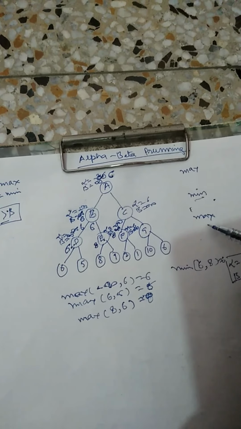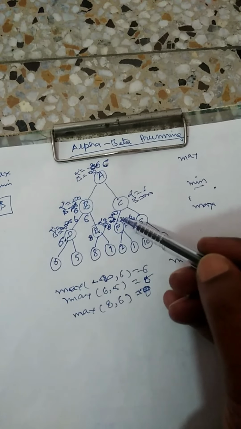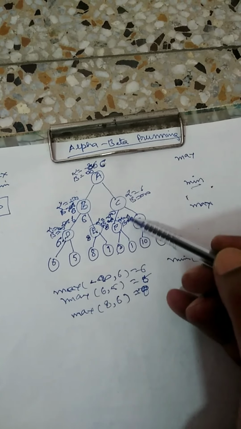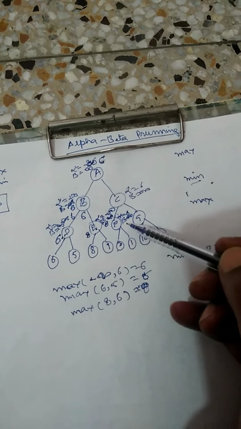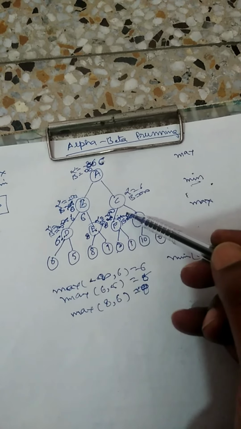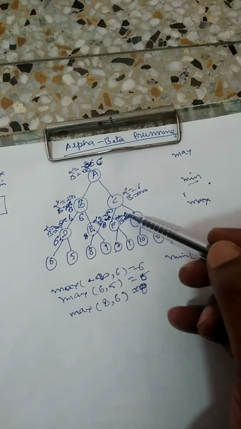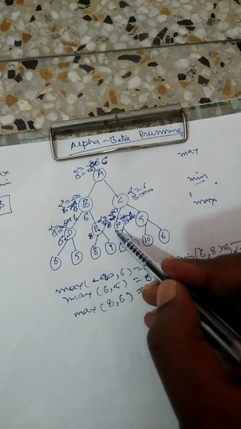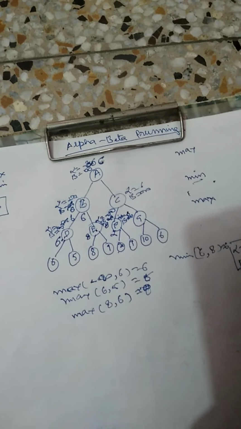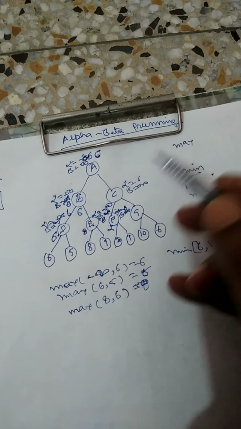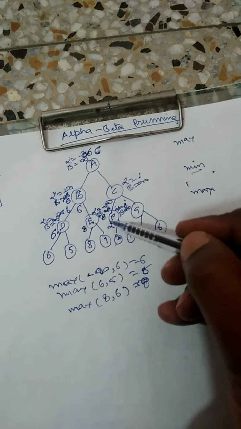Alpha has the value 6. Maximum of 6 or 2 is 6. Maximum of 6 or 1 is 6. So alpha will not change; it remains 6. The maximum of 2 or 1 is 2, so this node has the value 2, but its alpha value is 6. We will move upward.